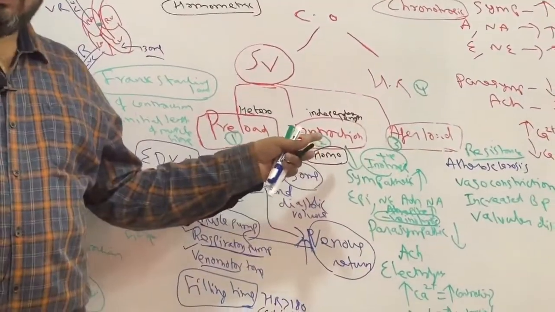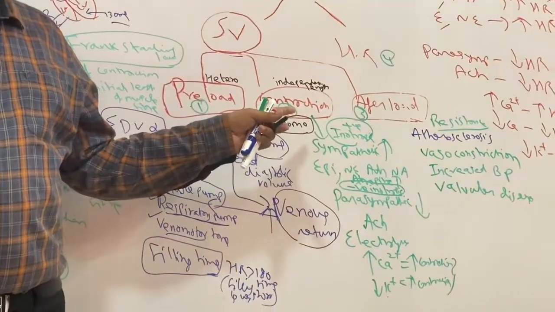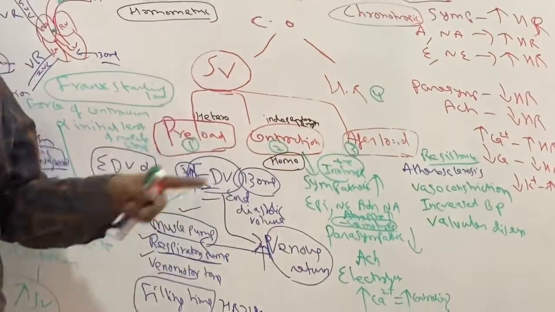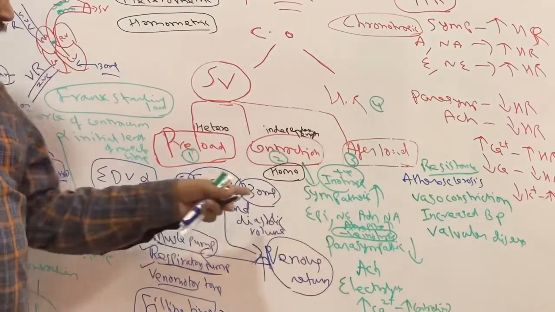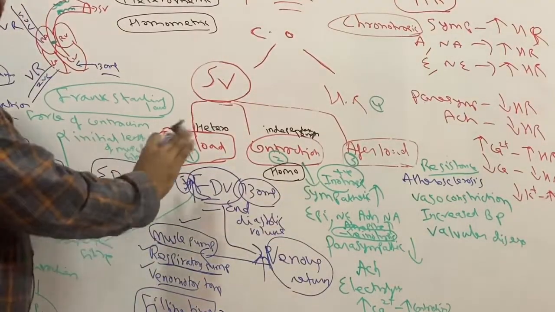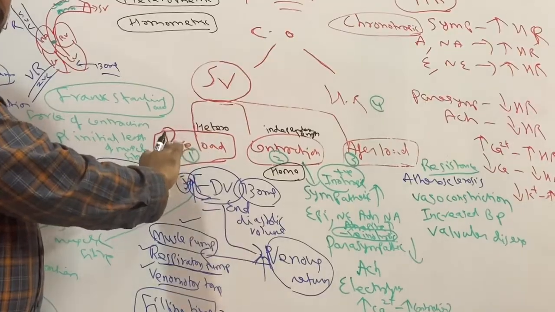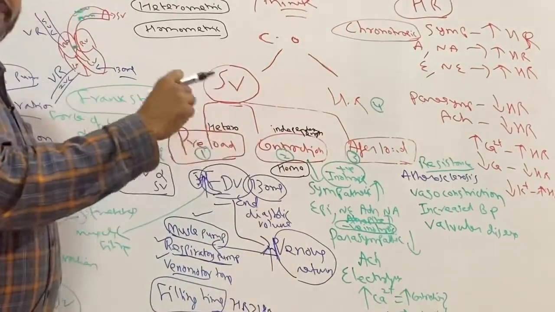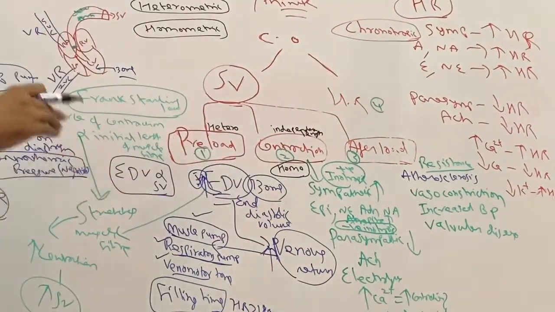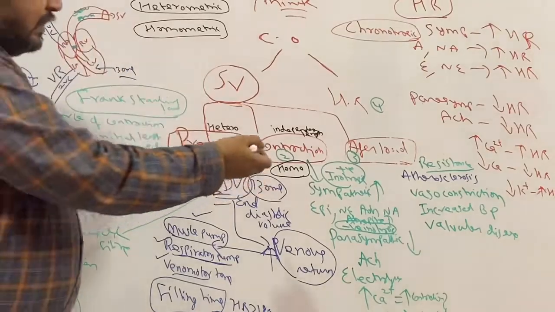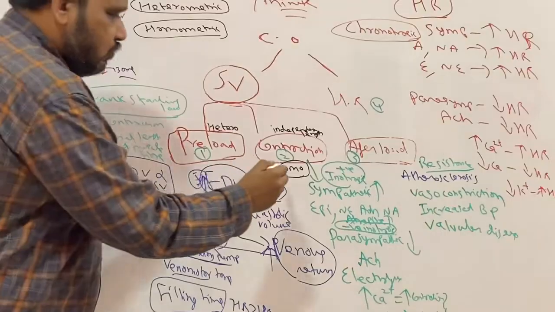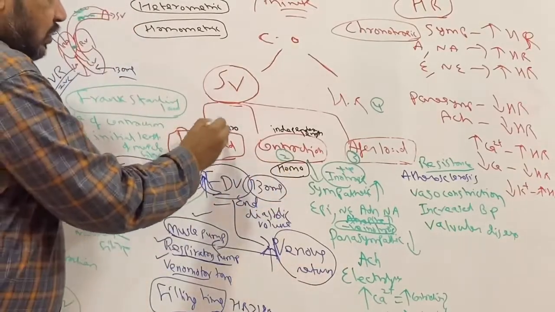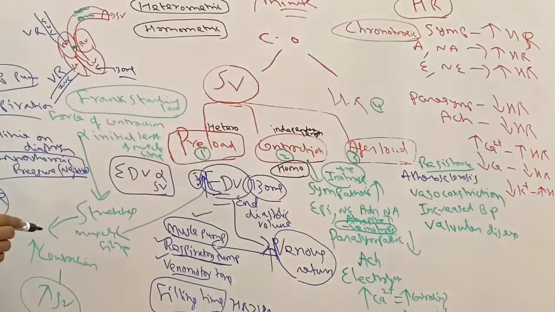Whereas the contraction of the ventricles, which is not depending on whatever comes, depends on the ANS, the autonomic nervous system, whereas this preload is not dependent on the autonomic nervous system. This contraction of the heart depends on the autonomic nervous system, like sympathetic increases the contraction of the heart, parasympathetic decreases the contraction. So this is homometric regulation, this is heterometric regulation. So that I wanted to mention.